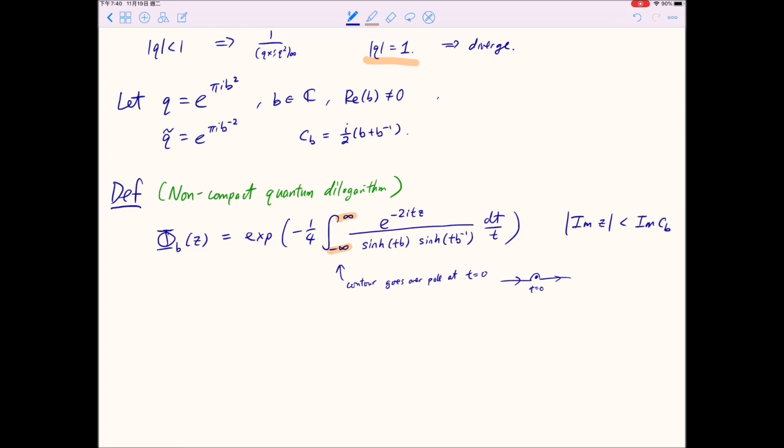So this is the expression for this region, and it can be analytically continued to a meromorphic function in C, with poles and zeros.